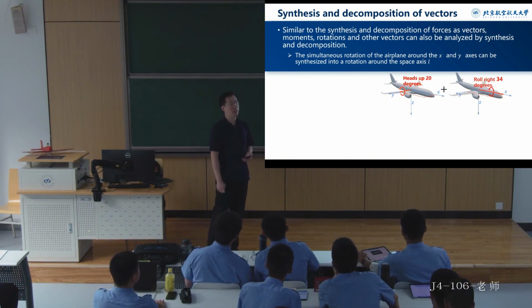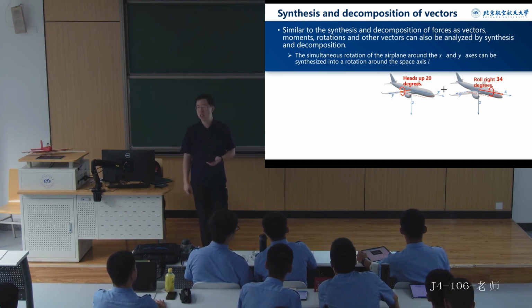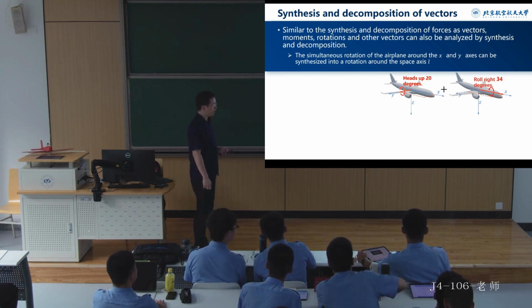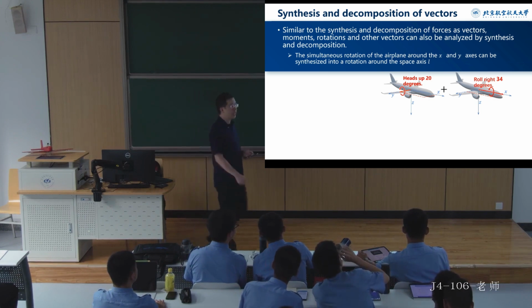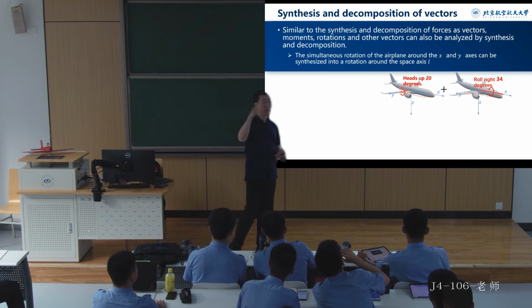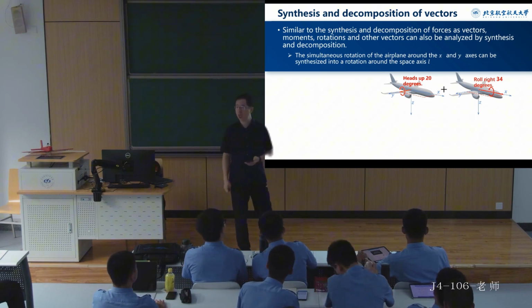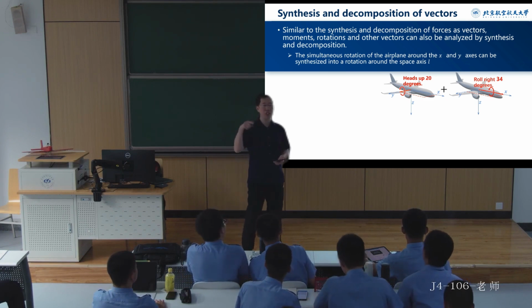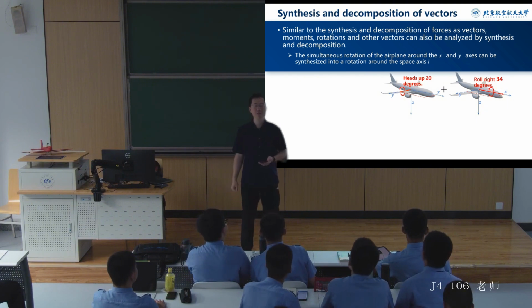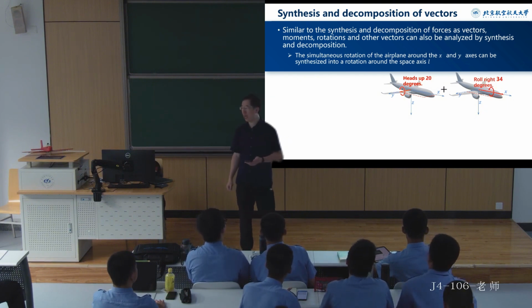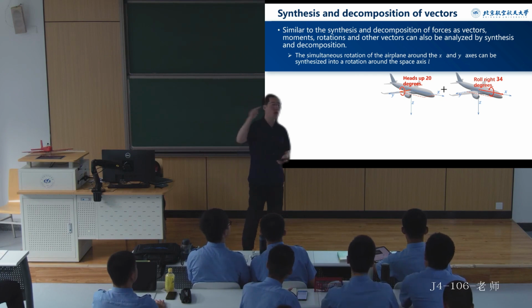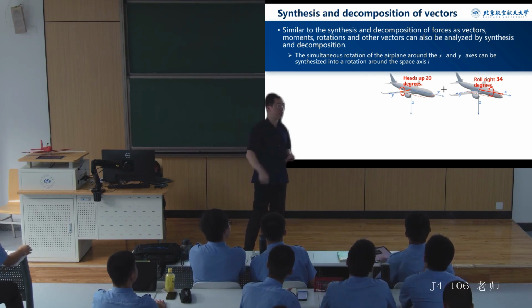We often use this method of vector analysis. Now, in university physics, besides using it for decomposing linear things like force, what else do we refer to as vectors? For example, displacement is a vector, right? So, linear displacement can be a vector.